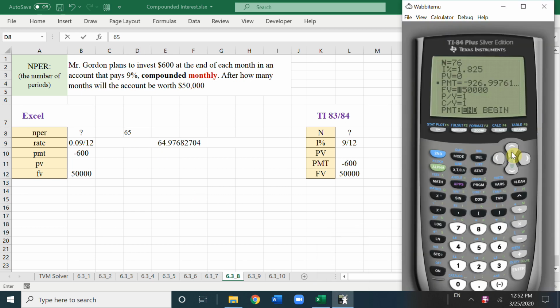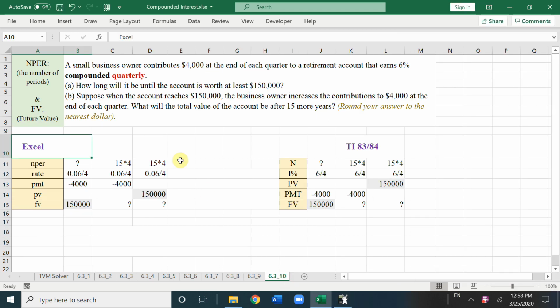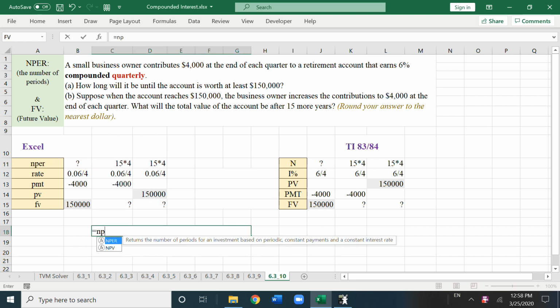And for the calculator, cover the N, alpha, enter. For the last question, first it asks how long, so the NPER. So the question mark is here. So now let's calculate NPER. The keyword is quarterly, that's why we divide by 4. The rate is 0.06 divided by 4.